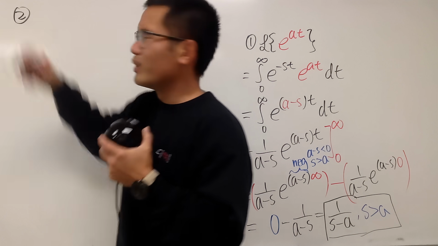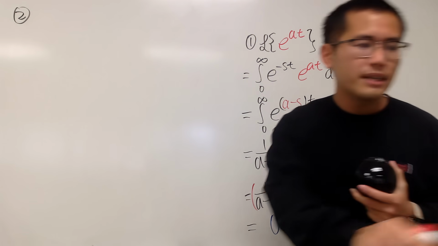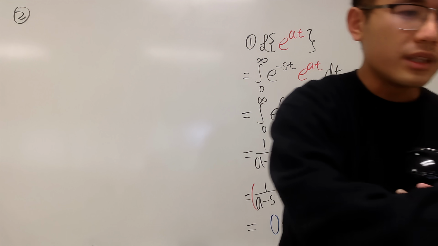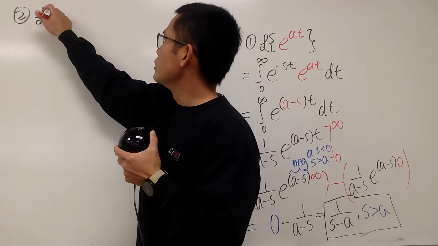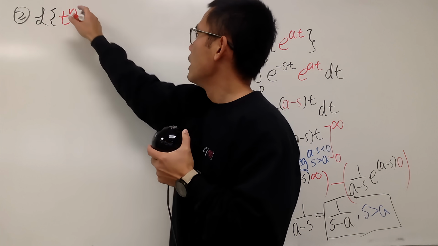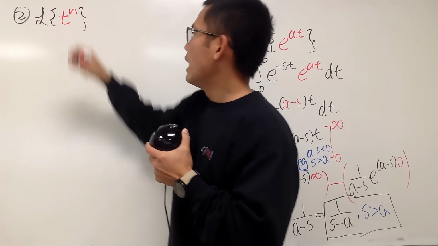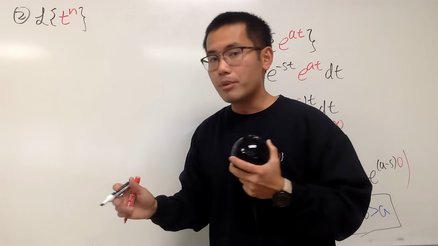All right, number 2 right here. And of course, I'll be doing this in order in the sense that one is based on the other. So here is the second one. We'll be doing the power function instead. Our goal is to get the Laplace transform of t to the nth power. And here, I'm going to assume that n is just a non-negative whole number, right?